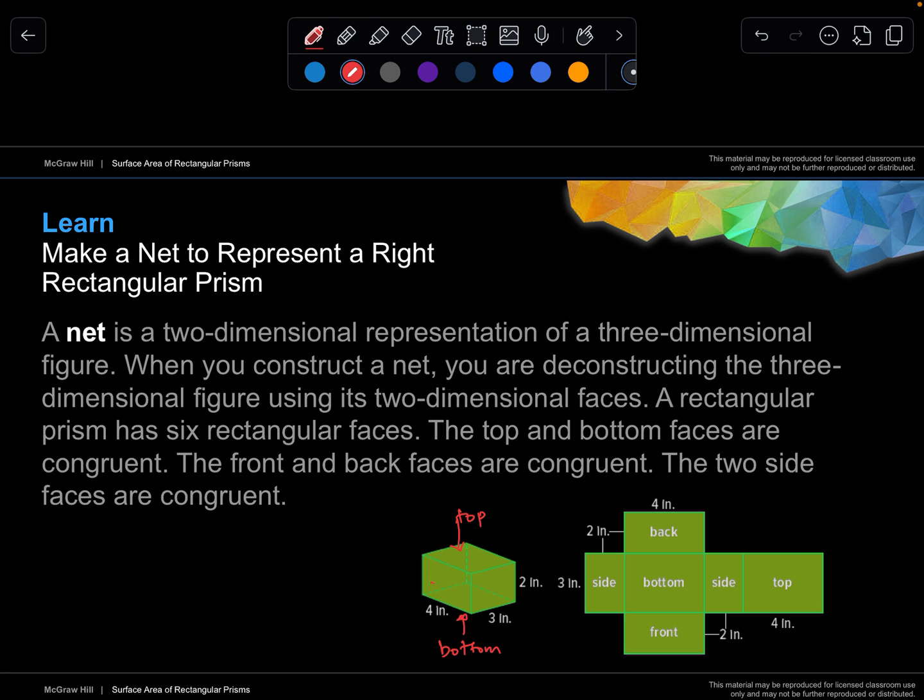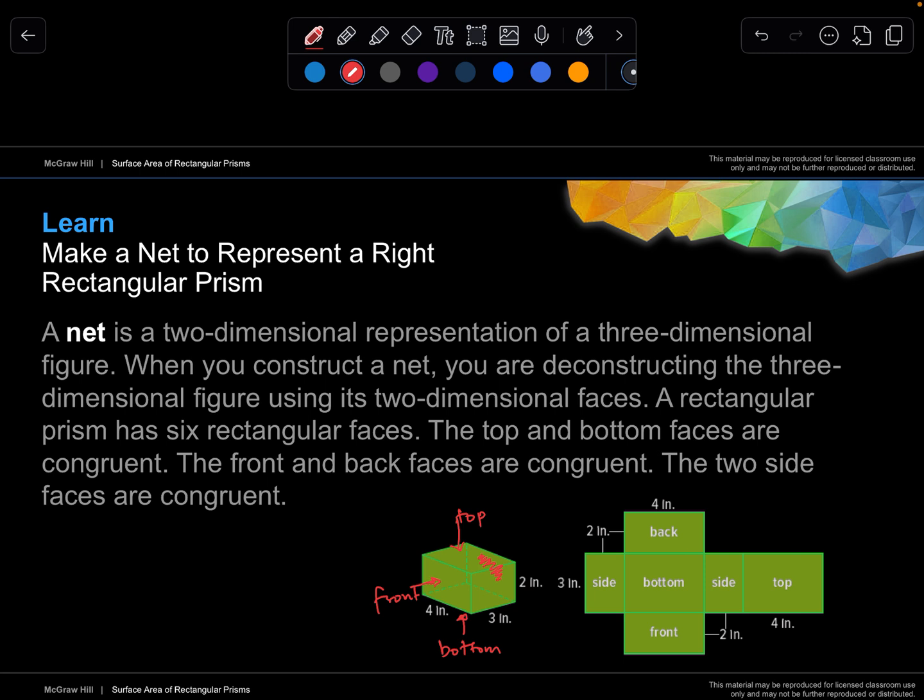This over here is the front. This face is my back face. And when I say this face is the back face, what I mean is this face.